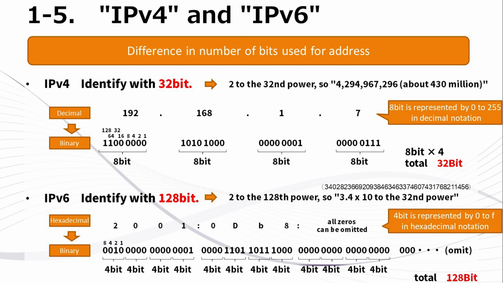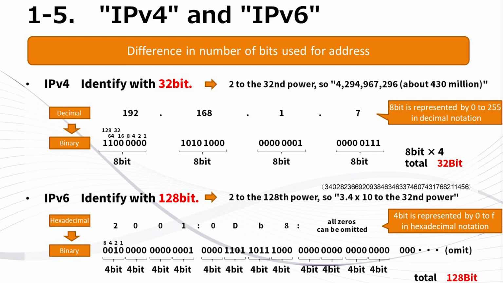Next, we will understand IPv4 and IPv6. IPv4 uses 32 bits to represent an address, so approximately 4.3 billion items can be identified. However, the world population is about 8 billion. The number of devices connected to the Internet, such as personal computers, smartphones, game consoles, and televisions, is increasing per person, so assigning an IP address to each of these devices would not be enough.